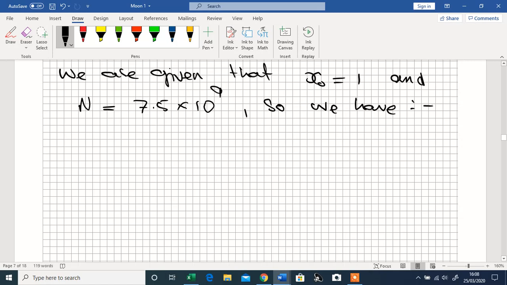So we have x equals 7.5 times 10 to the 9 over 1 plus, I'm just changing the denominator around to put the exponential part coming last.